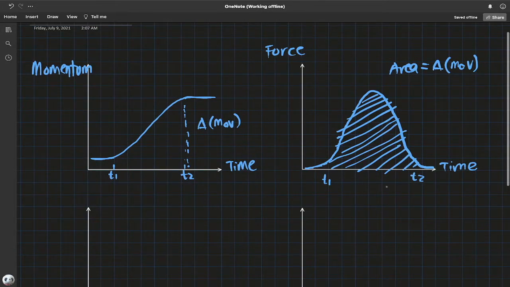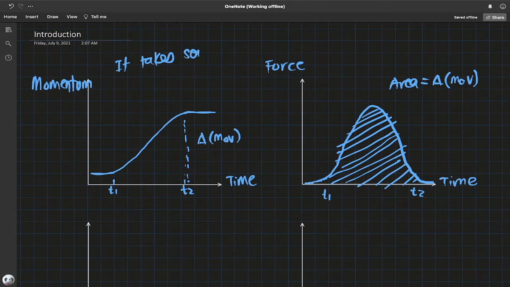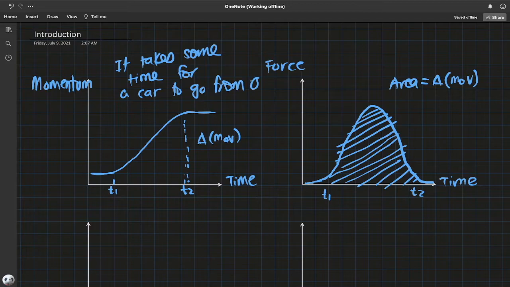In general, this change in momentum is always going to be gradual. It's never going to be completely steep, because think about it this way: it takes some time for, say, a car to go from 0 to say 40 kilometers per hour.